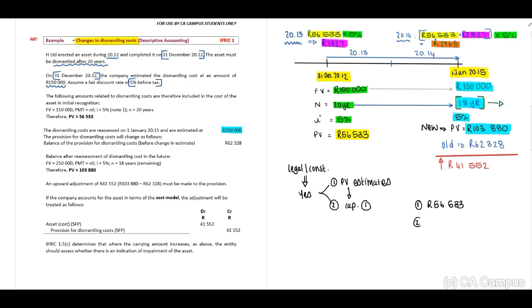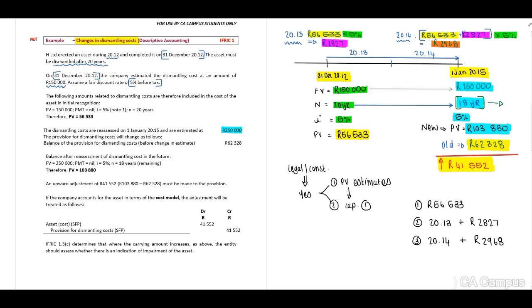Then we need to add our interest portion of 20.13, therefore plus the 2827. And we need to add our interest portion for 20.14, therefore plus the amount of 2968. And our old value will be 62328. And this will result in an increase of 41552.